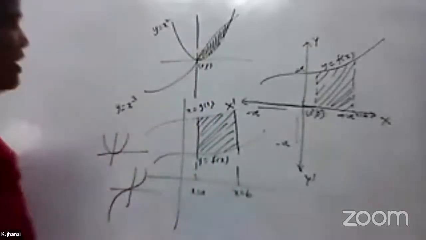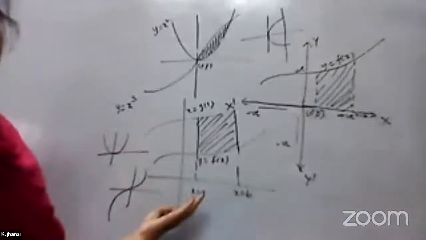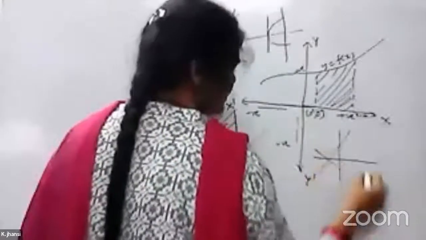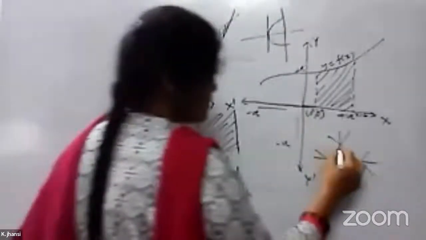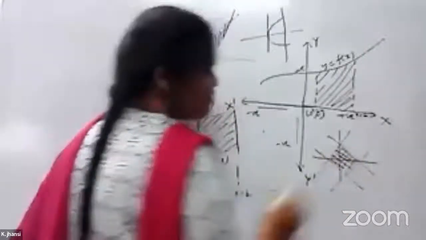If the functions are even, you can have something like this also: any parabola and also one line parallel to the y-axis, or two lines like this, and 4 lines, so you will get a square in between them. This area also they will ask, to find the area of the region.